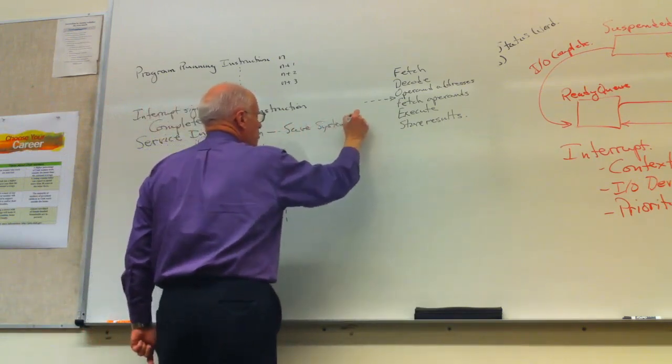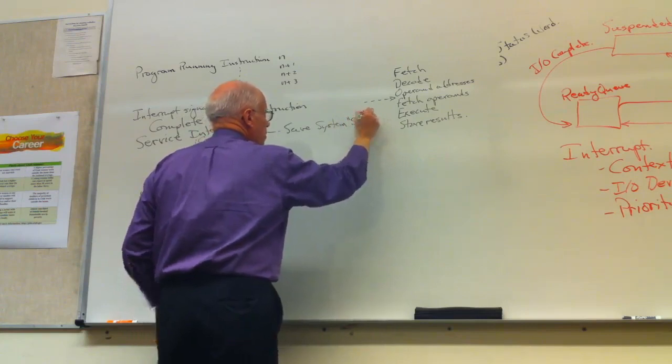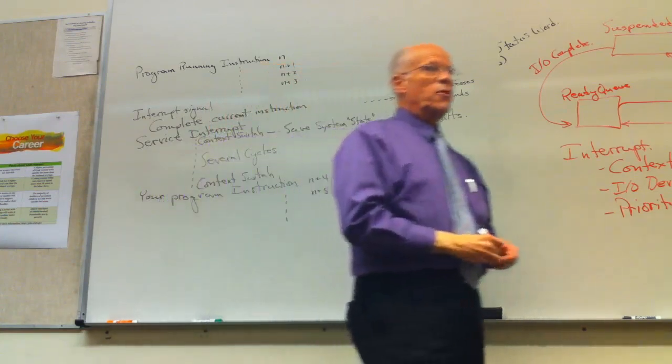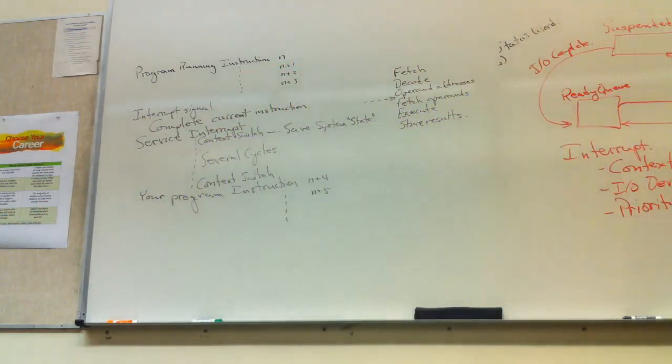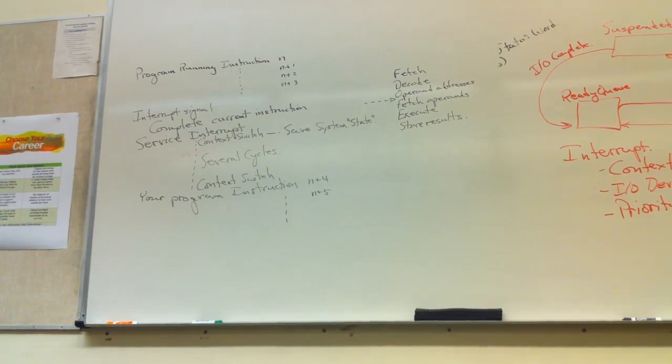You save the system state, everything that reflects exactly where the system was when the interrupt occurred. And when you do the context switch at the end, it restores it. Gets us right back where we were. Okay, that's the basic idea of how the interrupt works.